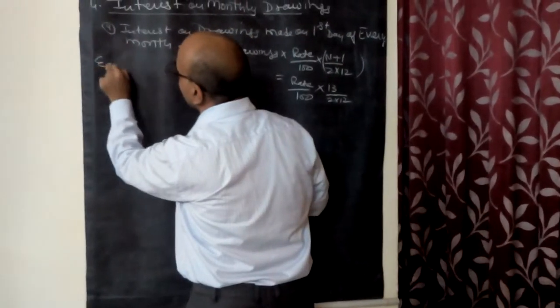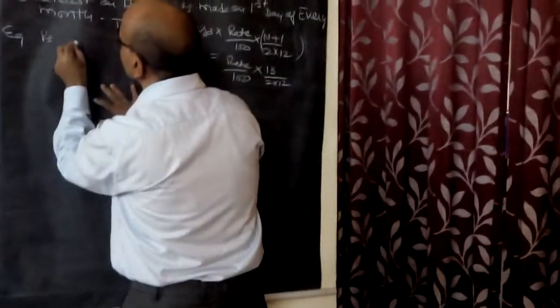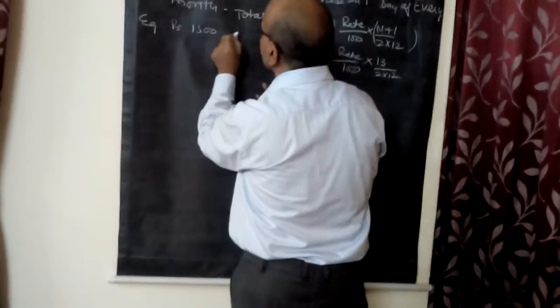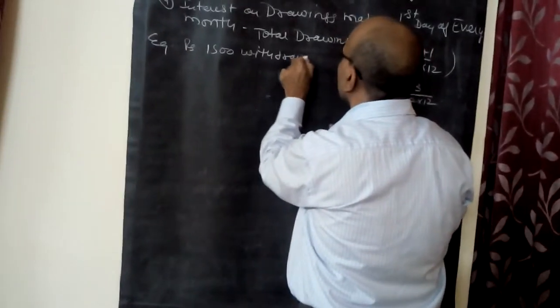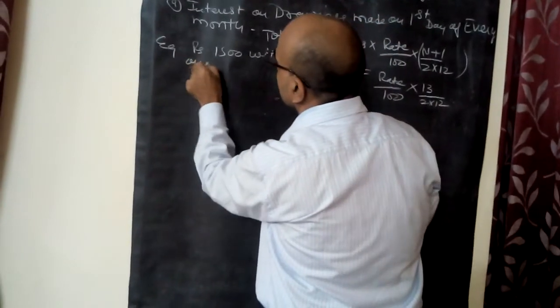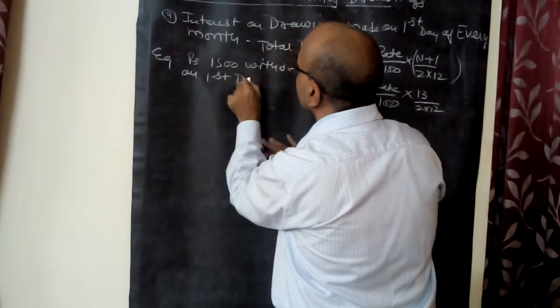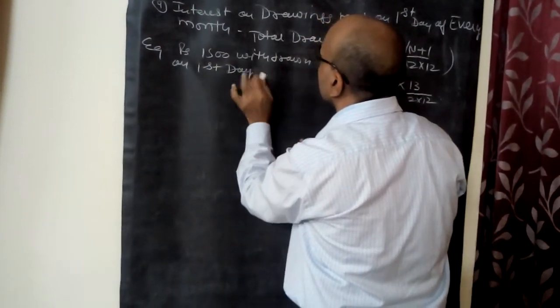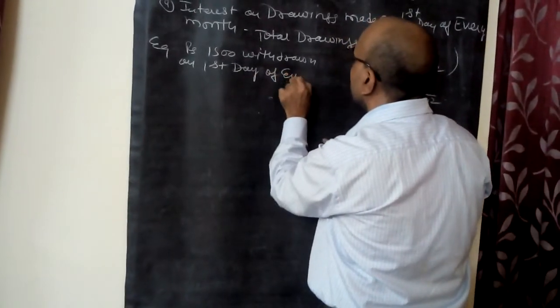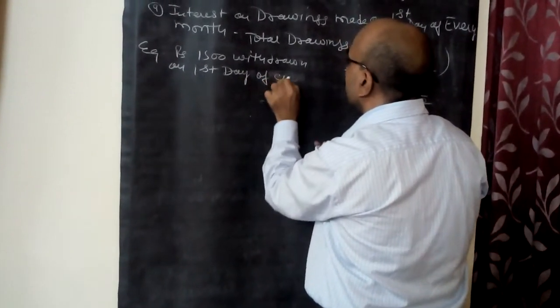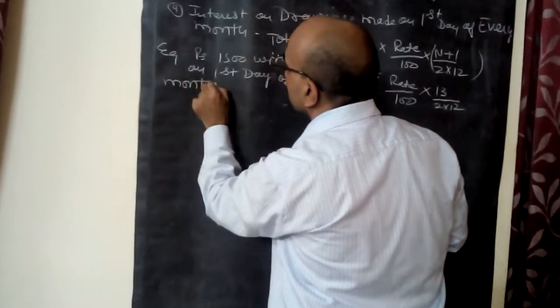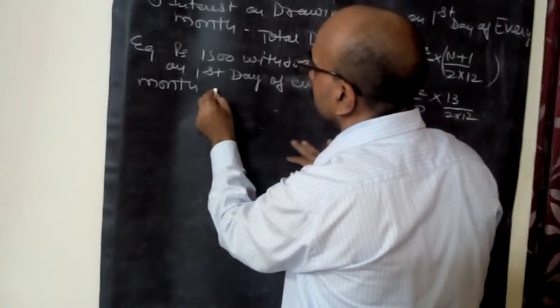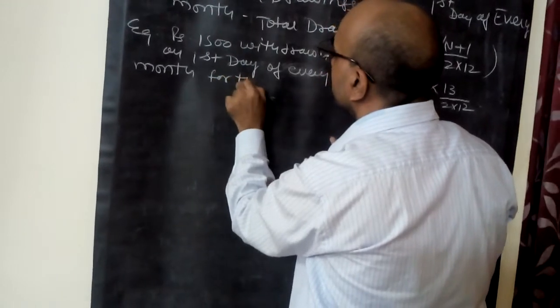Example, rupees 1500 withdrawn on the first day of every month for the whole year.